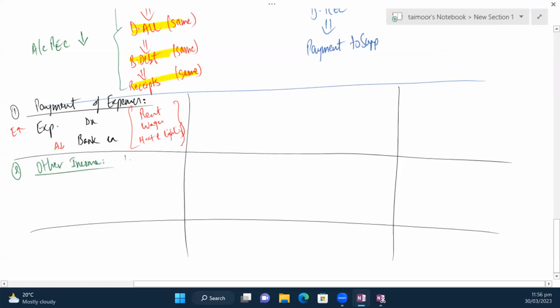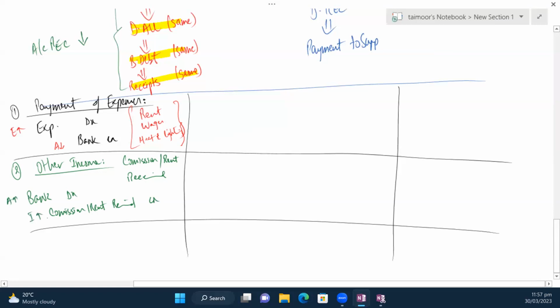For example, commission or rent received. Because it's an income, so entry is going to be bank debit, commission or rent received credit. Why? Asset is increasing, income is increasing.